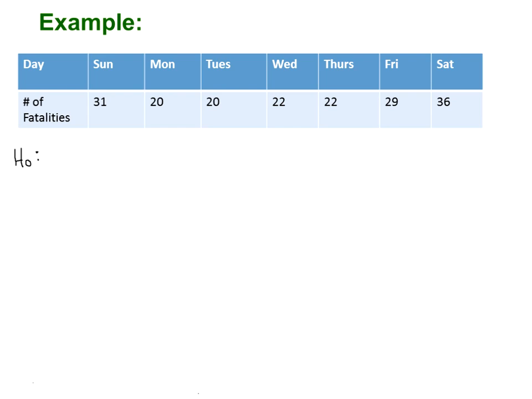will say that the probability of getting into an accident on each of the days would be the same. So we have equal frequencies, so that means our probability of getting into an accident on Sunday is the same as Monday, is the same as Tuesday, and so on. So we have the probability of Sunday equals the probability of Monday, the probability of getting into an accident, they're the same.